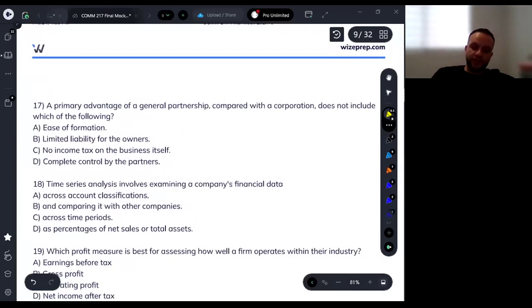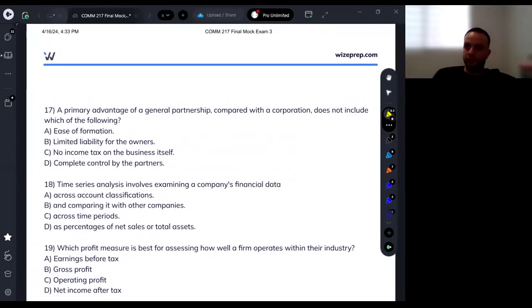A primary advantage of a general partnership compared to a corp does not include limited liability to the owner. It's not limited liability when it's a partnership. When it's a corp, you have limited liability.